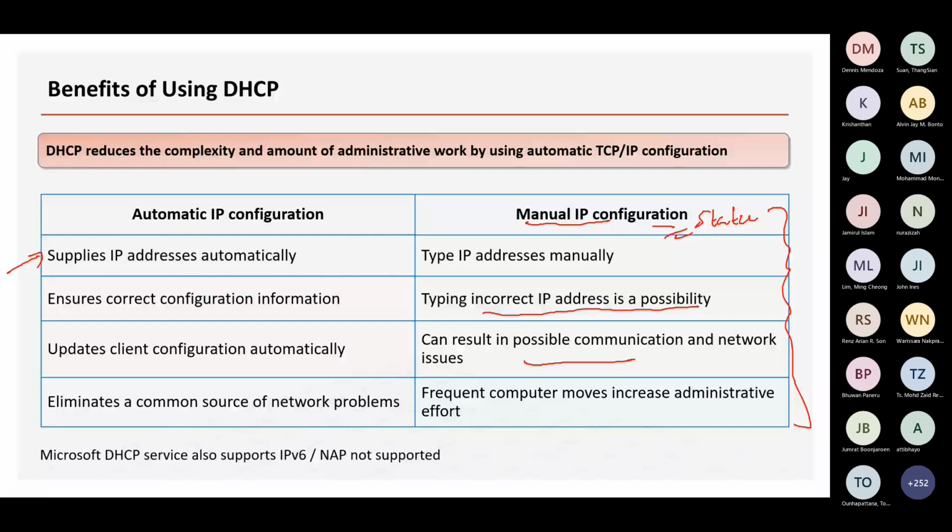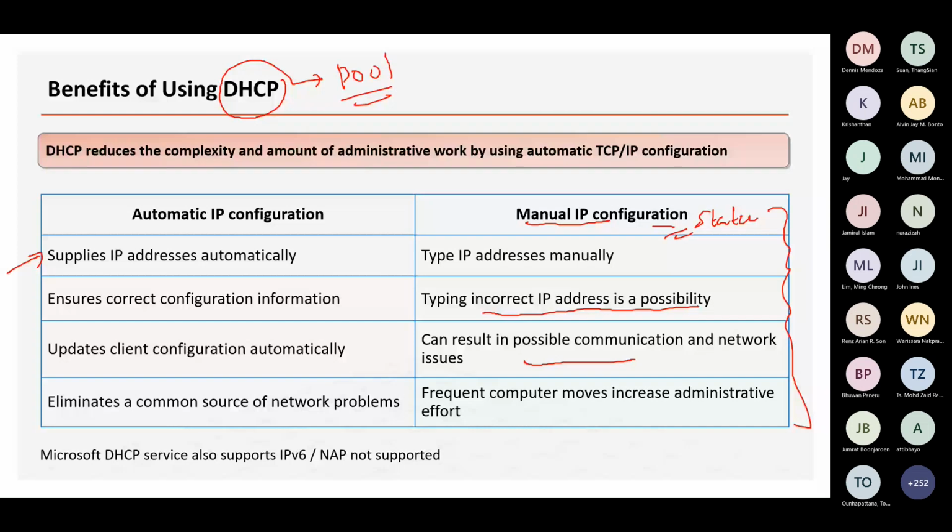And how DHCP is configured here: the moment you configure a DHCP service, you will be defining something called a pool. So manually, I need to define that. DHCP is not an intelligent service here.